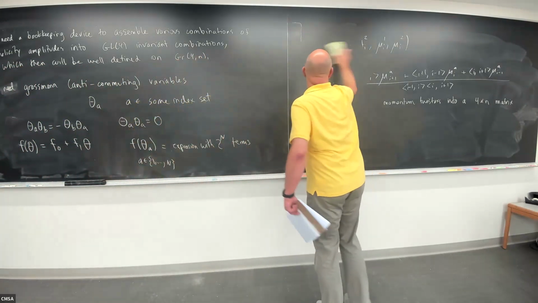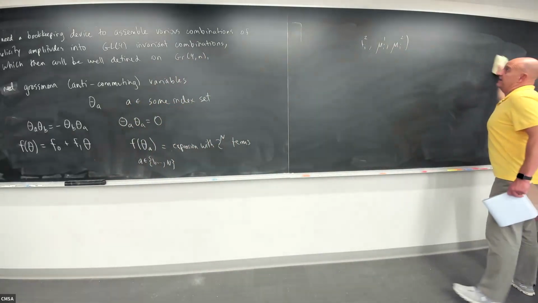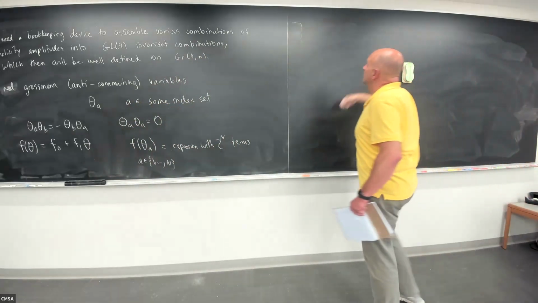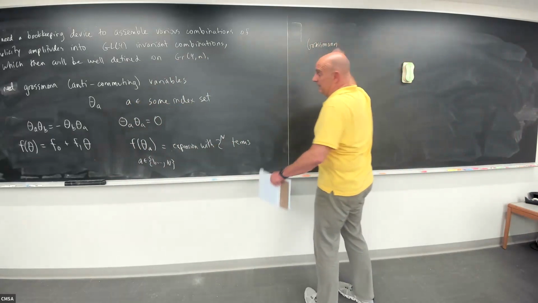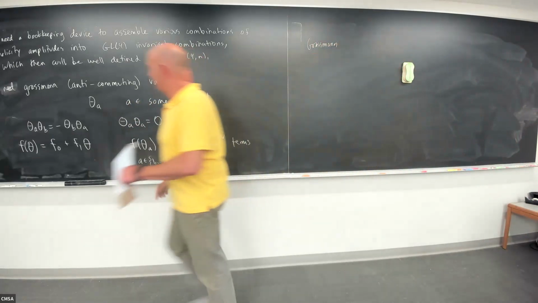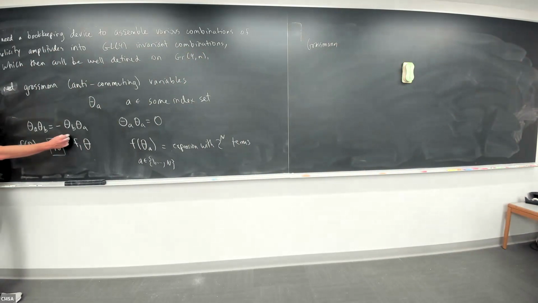And the last thing I need to define before we end is the notion of Grassmann integration. Let me pause. Don't think that this is super exotic, because the way you should think about this is a way of encapsulating two pieces of information.